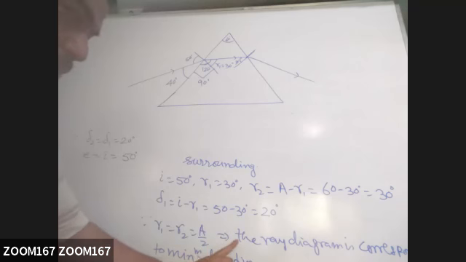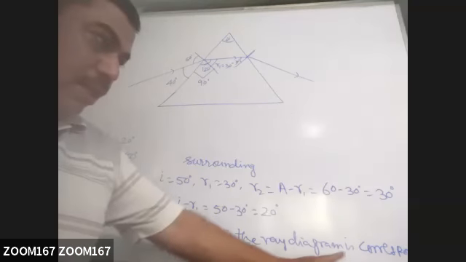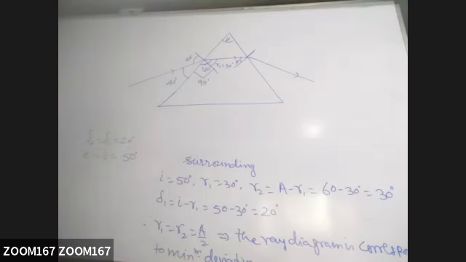So what does it imply? The ray diagram is corresponding to minimum deviation or symmetric deviation. So any one of the 5 conditions we have discussed yesterday, if any one of the 5 conditions is satisfied, that means remaining will be applicable. So here delta 1 equal to delta 2, that will be 20 degree. Angle of emergence will be equal to angle of incidence, that will be 50 degree.